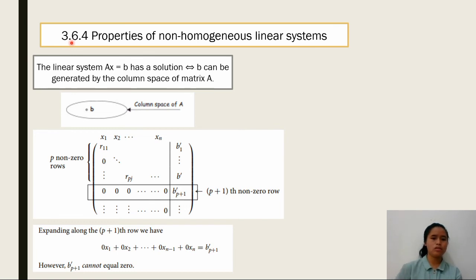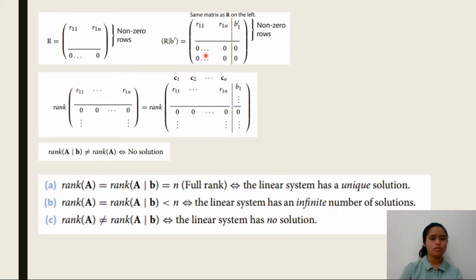So these are the properties. A: rank A equal rank of (A|B) equal n, full rank, the linear system has a unique solution. B: the linear system has an infinite number of solutions. And C: the linear system has no solution.